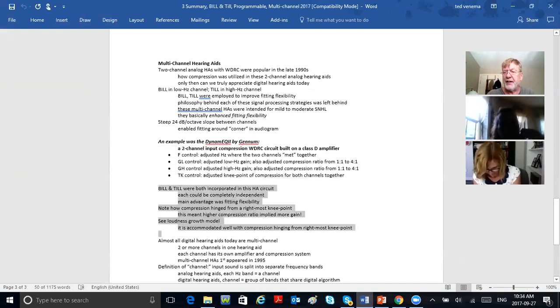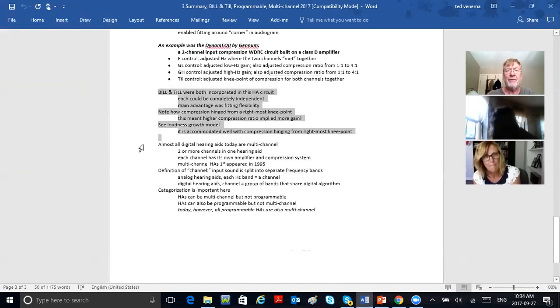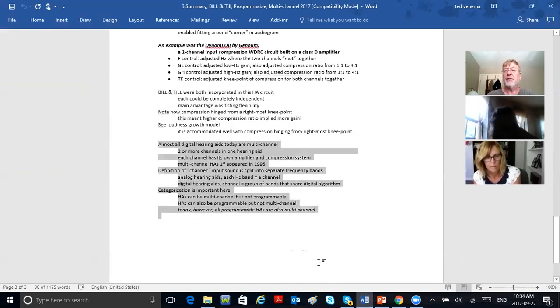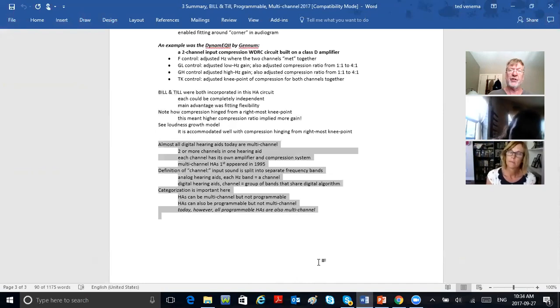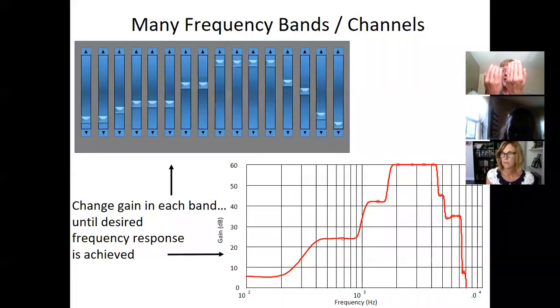And then today's hearing aids are all multi-channel. So, there we go. We've covered Bill and Till. We summarized clinical uses of output limiting versus WDRC. We launched into a discussion of early Bill and Till. We then covered programmability. We looked at multi-channel. And when you've got so many channels like this one here, you really don't need to talk about Bill and Till anymore, because it's not like you've got 2 channels.